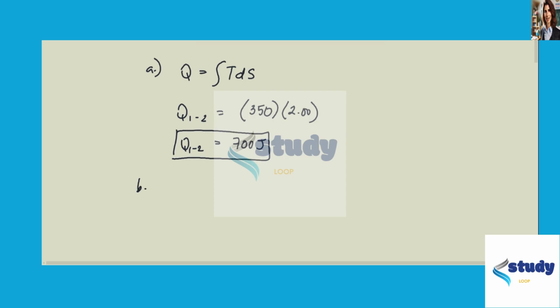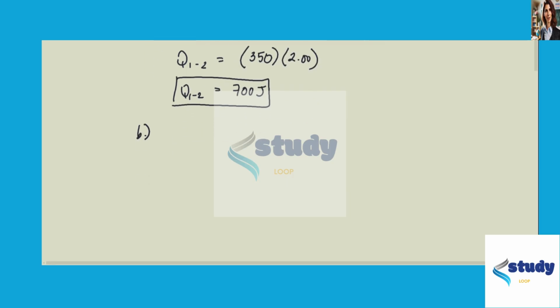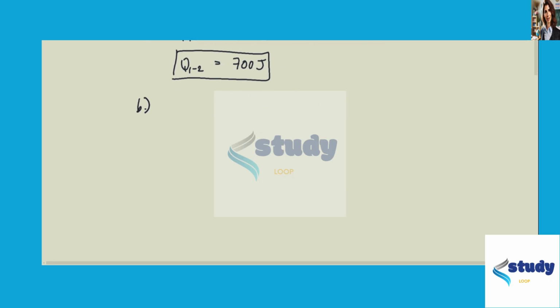For letter B, with no area under the curve for process 2 to 3, we conclude that Q2 to 3 is equal to 0. For letter C, for the cycle, the net heat should be the area inside the figure.